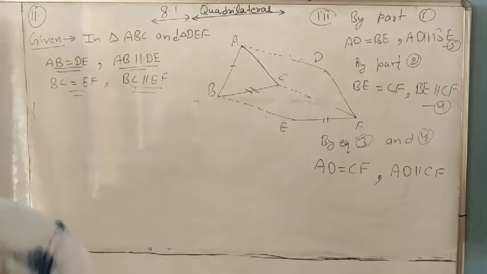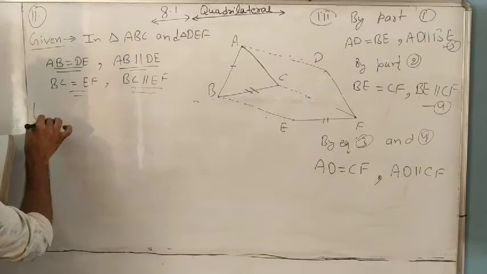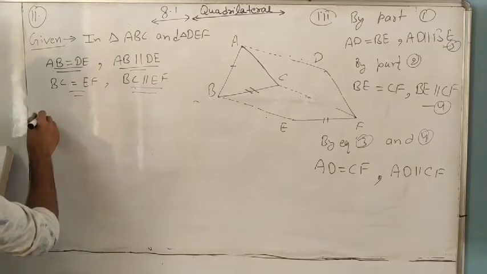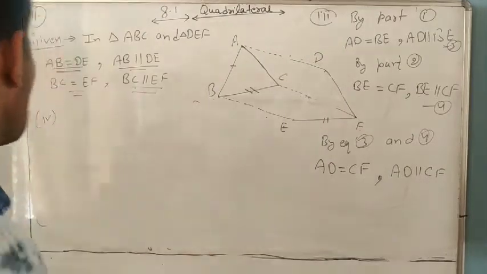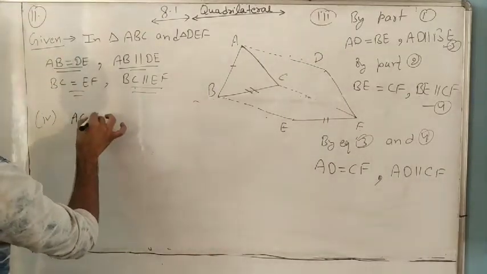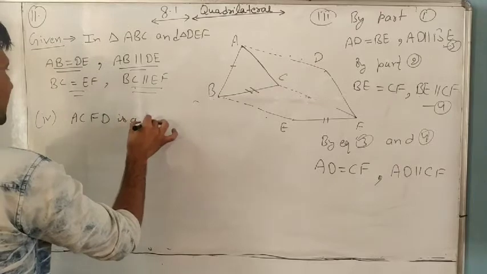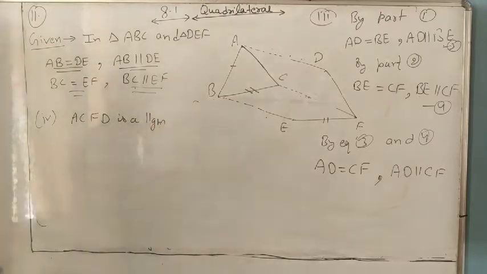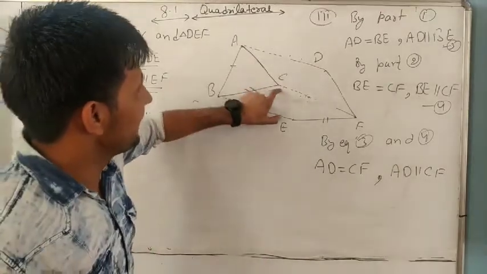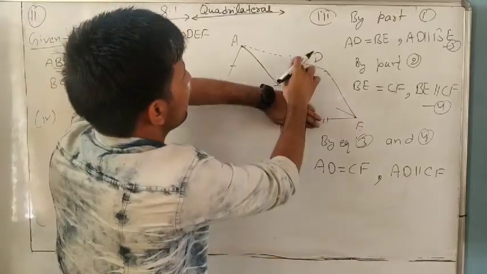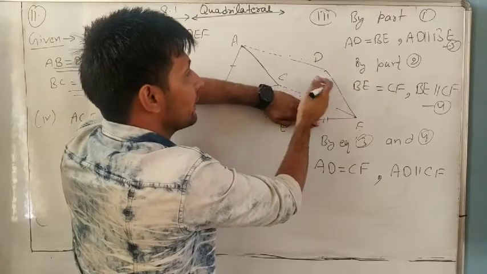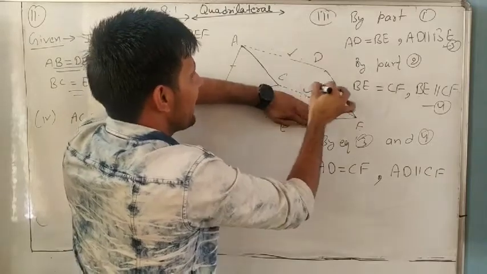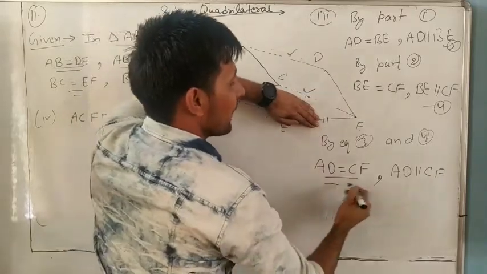In the fourth part, what is given? ACFD is a parallelogram. In what case can you say that? A quadrilateral is a parallelogram if a pair of opposite sides are equal and parallel, but AD and CF are equal and parallel.